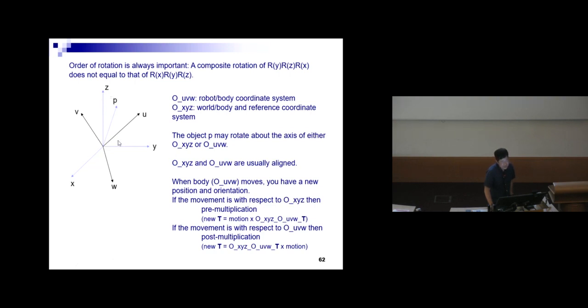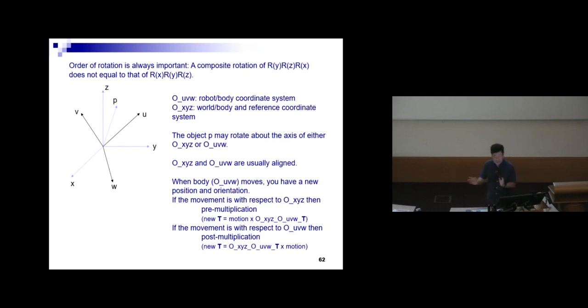This is the reference coordinate frame, the world frame. This could be a body frame as well. And then I have another frame, u, v, and w, which could be a robot coordinate frame or another body coordinate frame. The object P may rotate about the axes of either O-x-y-z or O-u-v-w.